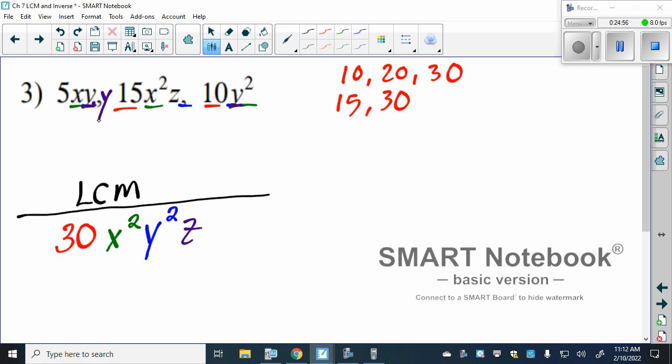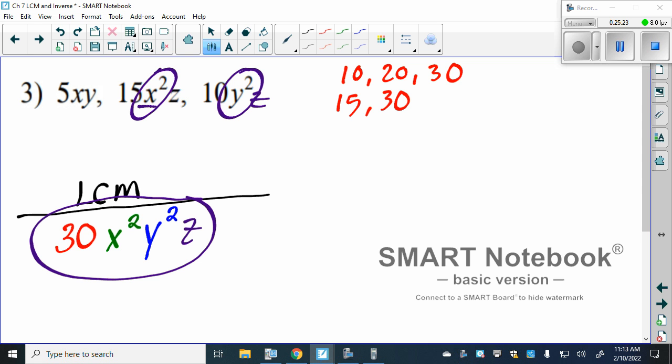So just because it appears in more than one spot doesn't mean I need it more than once. The only time I need it more than once is if it shows up in one of these more than once. So even if one of the others had 10z instead, you'd still only need it once because in any of them it only shows up once. We needed the x squared and y squared because we had 2 of them here and 2 of them here.